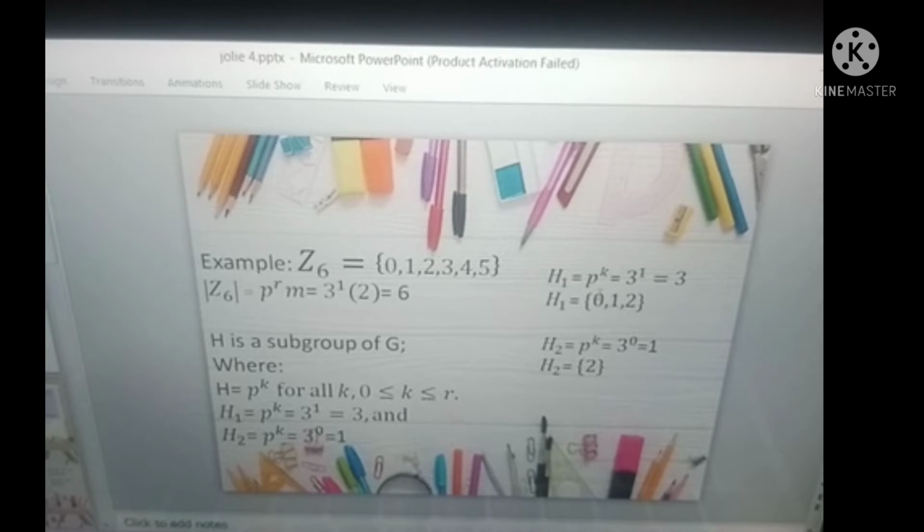Don't be confused by my example, I just chose it for us to visualize what the theorem talks about. So our first subgroup is 0, 1, 2. It has 3 elements. I just chose 0, 1, 2; it could also be 3, 4, 5 or 1, 2, 3, as long as the subgroup has order 3.